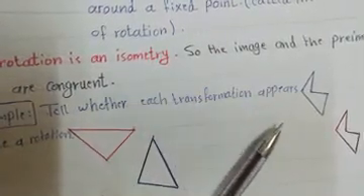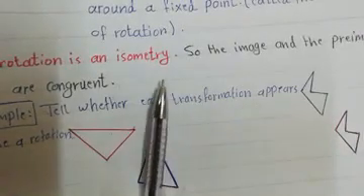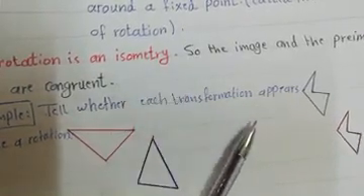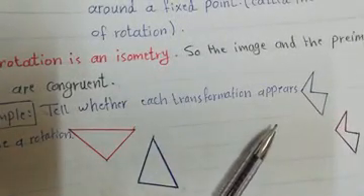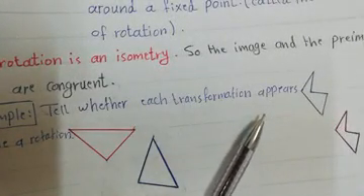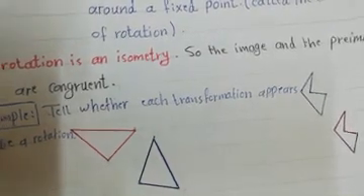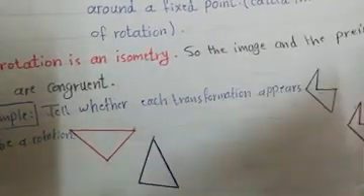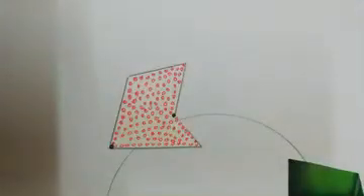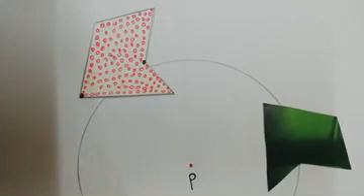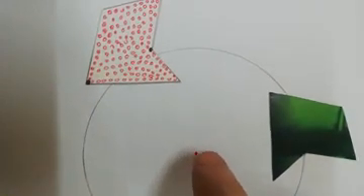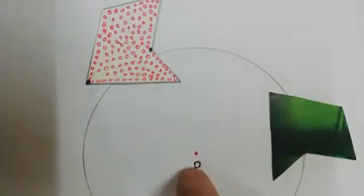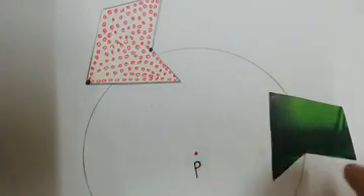Rotate means it must move in circular motion, like it moves on a circle, like this example. I draw it here. Look at these two shapes. This is the center of the circle, and this will be the center of the rotation.